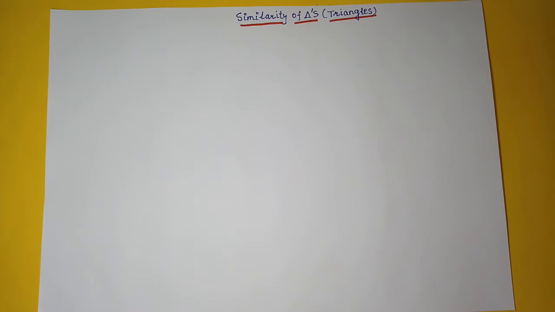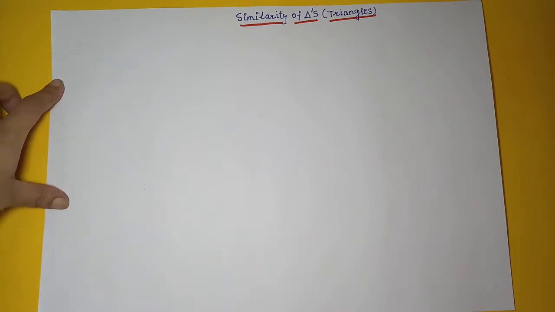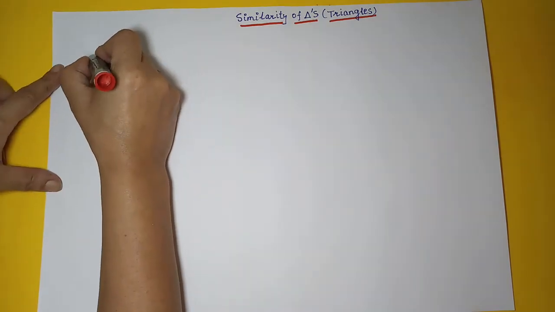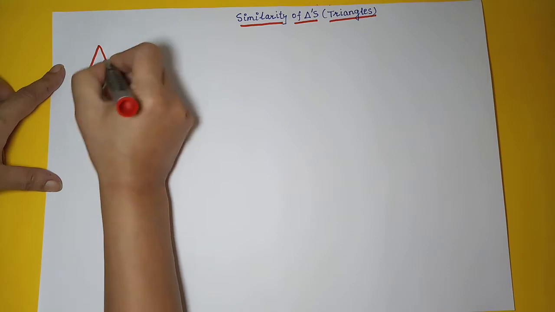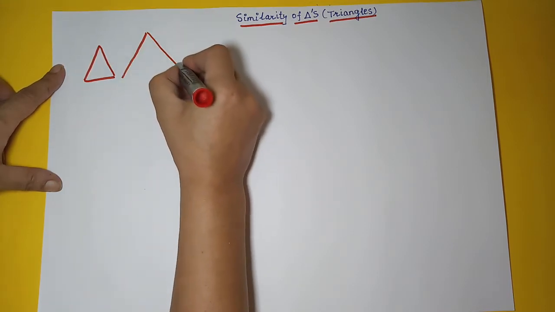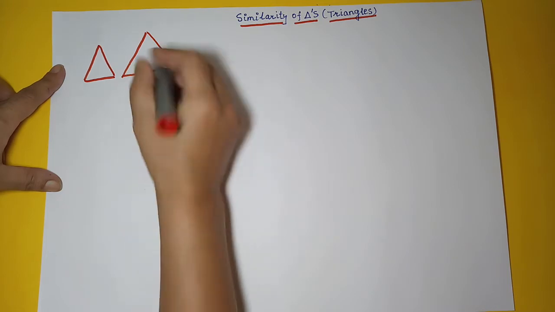In this video, we are going to learn about the similarity of the triangles. So, we have done in the previous videos that if we have two triangles and if all their angles are equal to each other, we say that the two triangles are similar.